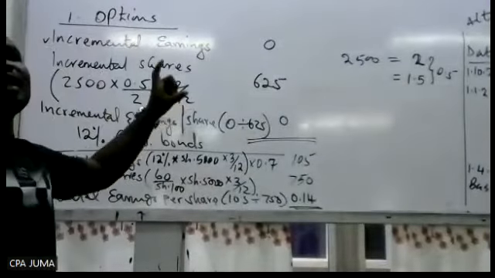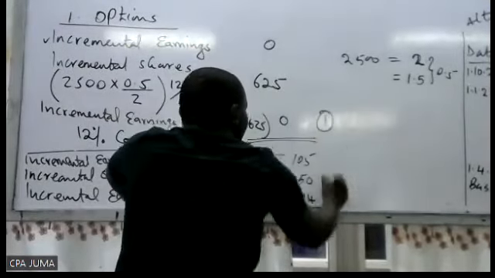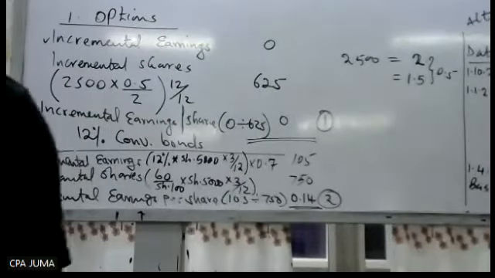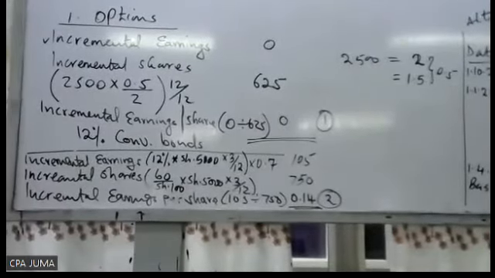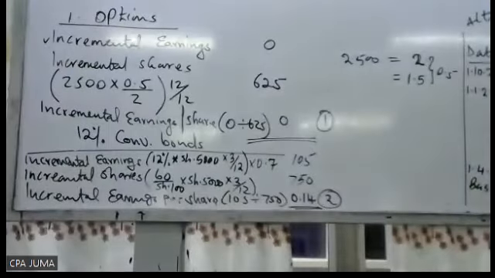Per share. The one with the least is the first to join. So in the rank, this is position 1, this is position number 2. In all the questions, options are always ranked number 1, because I want the least effect on the earnings.